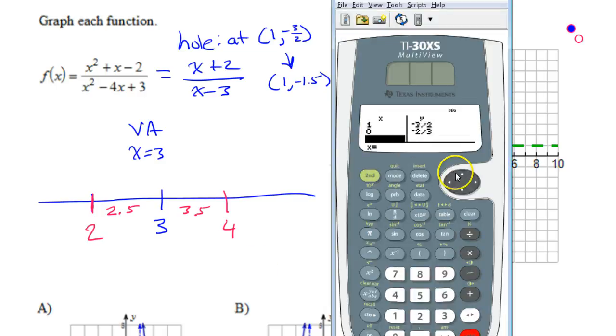So I'm going to use my calculator to help me out. Alright, I meant to hit delete. Okay, so I'm going to do 2 and 2.5. Okay, so I've got (2, -4).